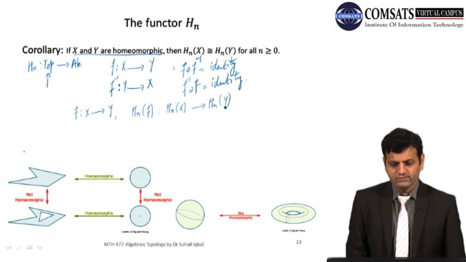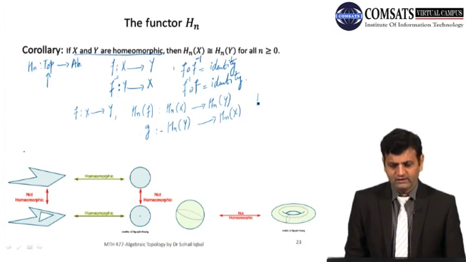So what does equivalence mean? It means that there is a function from Hn X to Hn Y which is a homomorphism, and there is another function g from Hn Y to Hn X which is a homomorphism, and the composition of these two functions is identity.